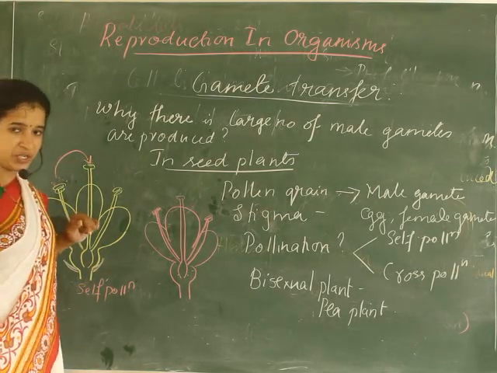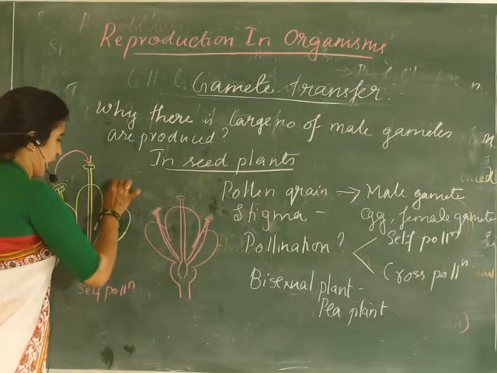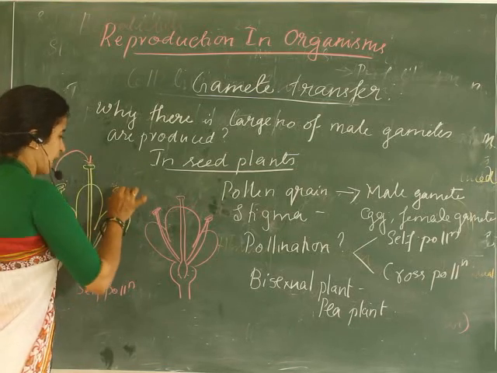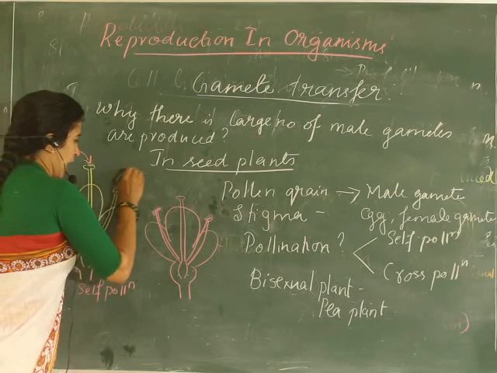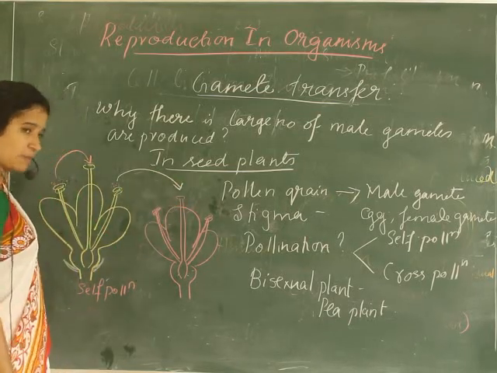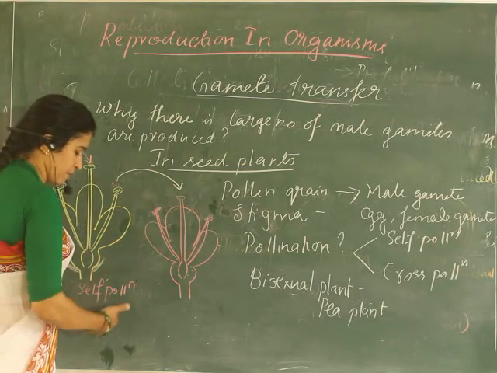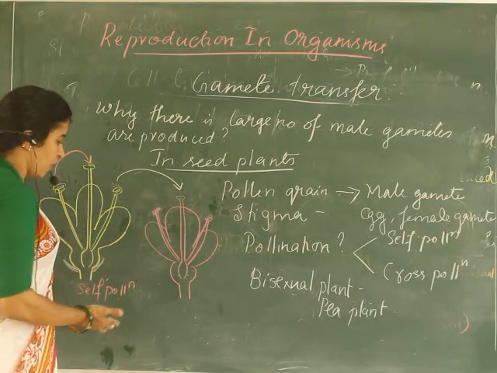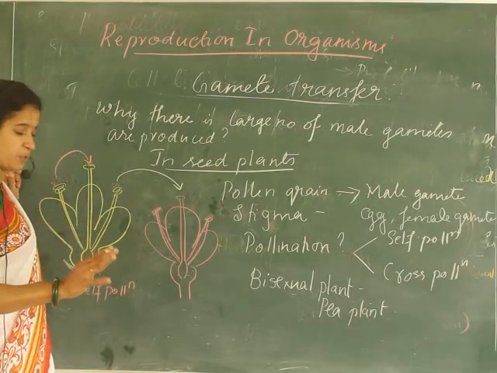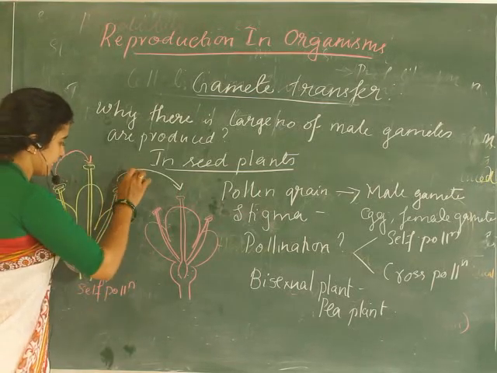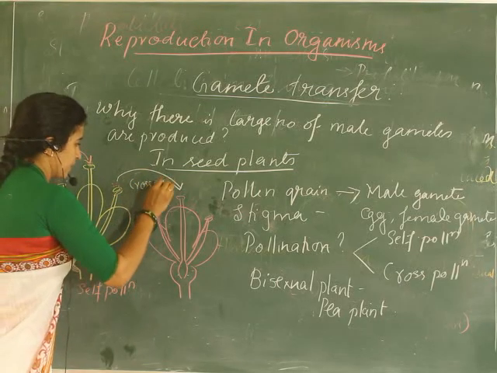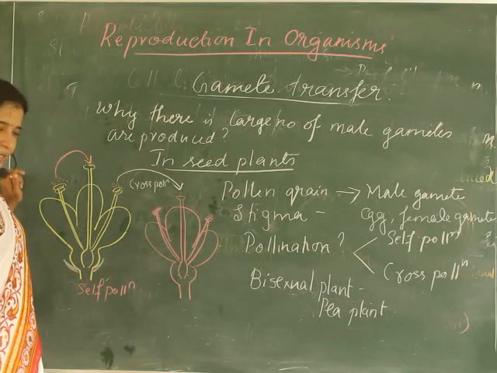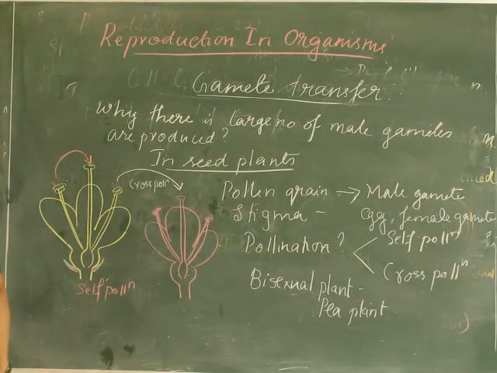Another type of pollination is the transfer of pollen grains from one flower to another flower of the same species. It can be of the same plant or a different plant, but it has to be between the same species. This pollination we call cross-pollination. In the next chapter, you will study these two types of pollination in detail.